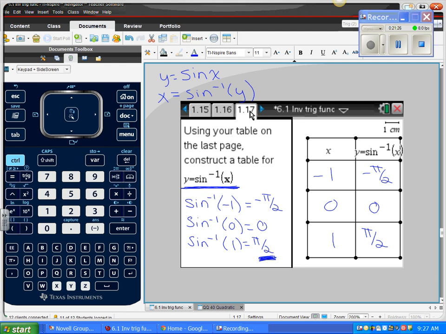And the angle should make sense, guys. You shouldn't have an angle that's 0.75. Angles are generally larger. You've done this in 9th grade.